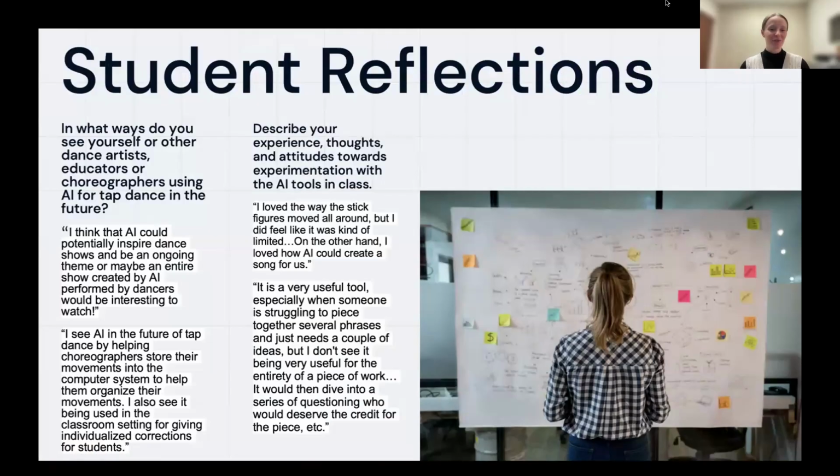I won't read through all of these quotes, but some of the students responded that AI could potentially inspire dance shows and be an ongoing theme or maybe an entire show. Others commented on AI helping choreographers store their movements into computer systems, and also being used in the classroom setting for giving individualized corrections for students. So a couple different uses of AI.